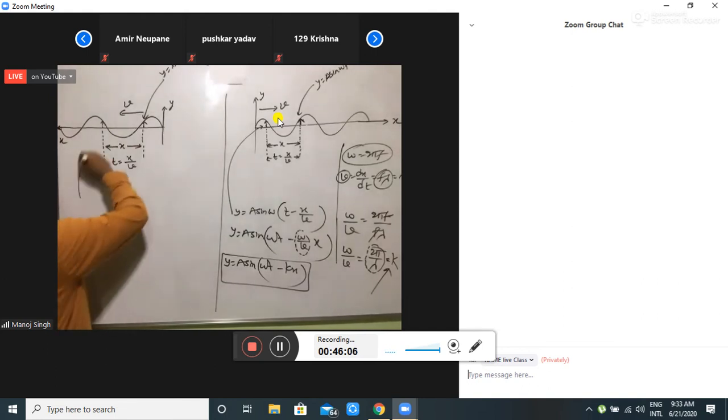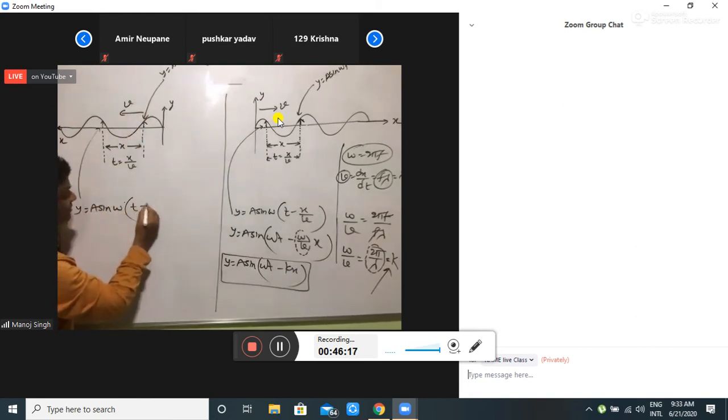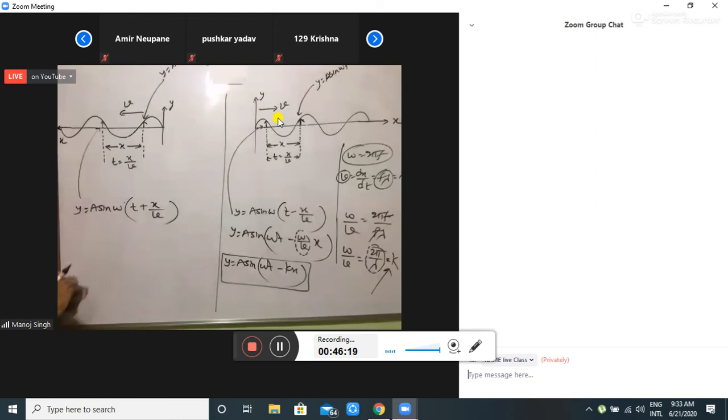So what will be the equation here now? y is equal to a sine of omega into t. In place of t, what will we write here? t plus x by v. That was a very, very important part to understand in a class.